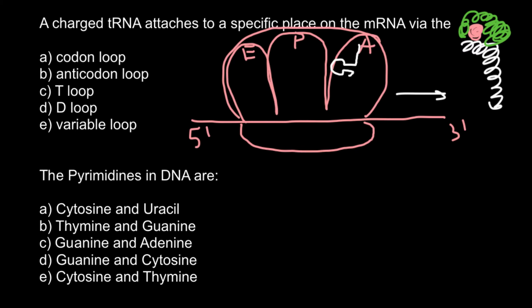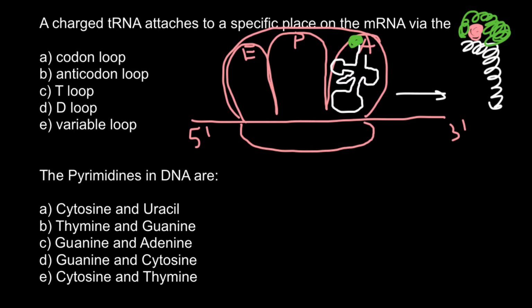So one loop here, a variable loop here, another loop here, one more loop. So it would look something like this. And here we also would have an amino acid attached to the 3' end.